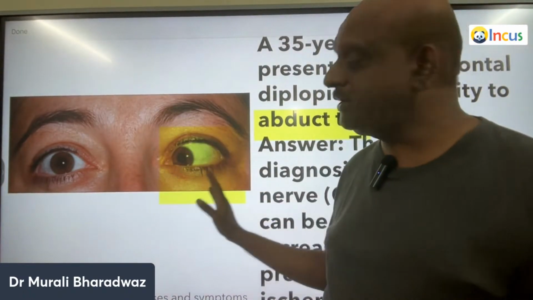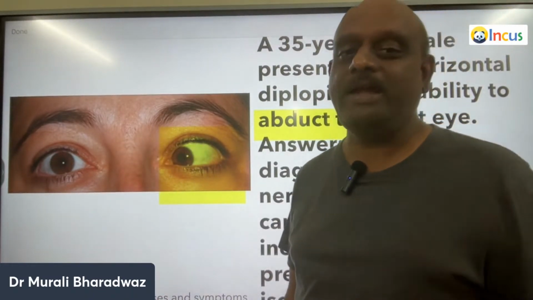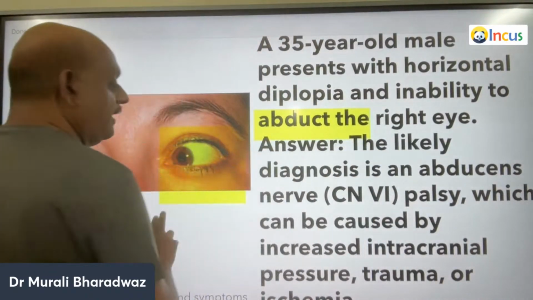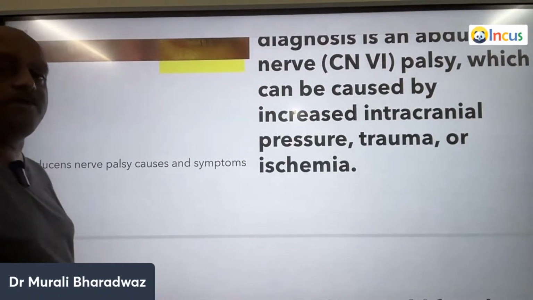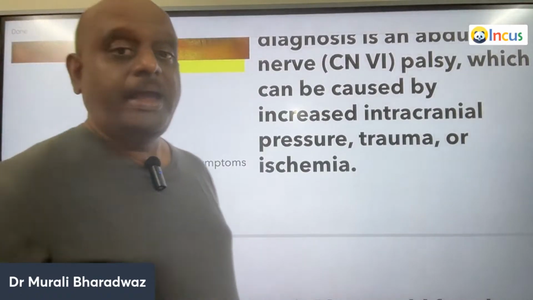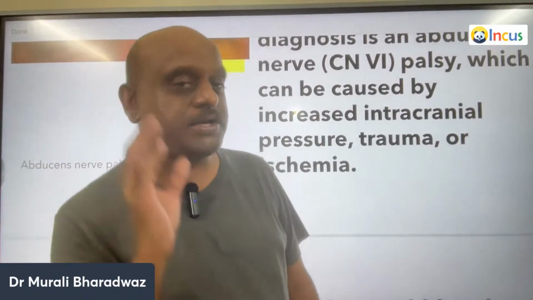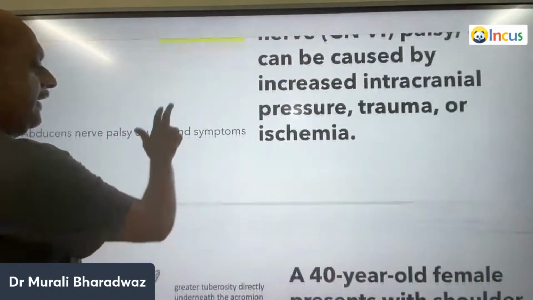That's the reason the primary position has become medial deviation, in the case of abducens palsy, is what you need to understand. So what is the cause of abducens palsy? Any raised intracranial pressure or any trauma or ischemia can lead to the development of abducens palsy.